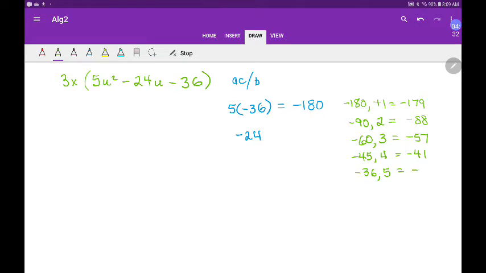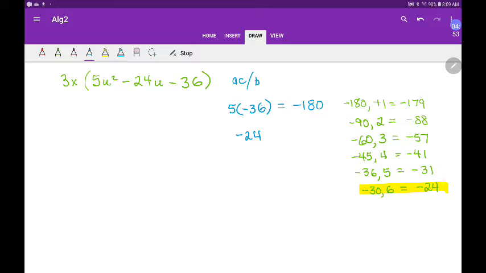We're getting closer. Hopefully yours won't be this big, right? So negative 30 and 6, there we go. That's negative 24. That's the one we were looking for. You don't have to go through all of them, but I'm going through all of them to try to make it as clear as possible.